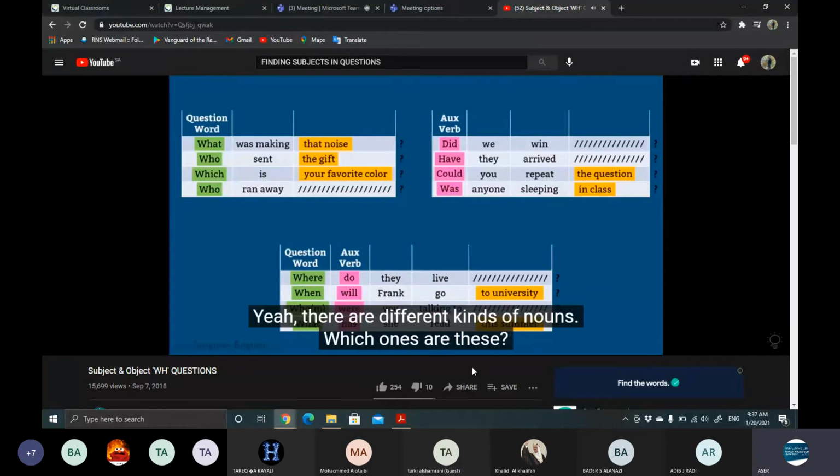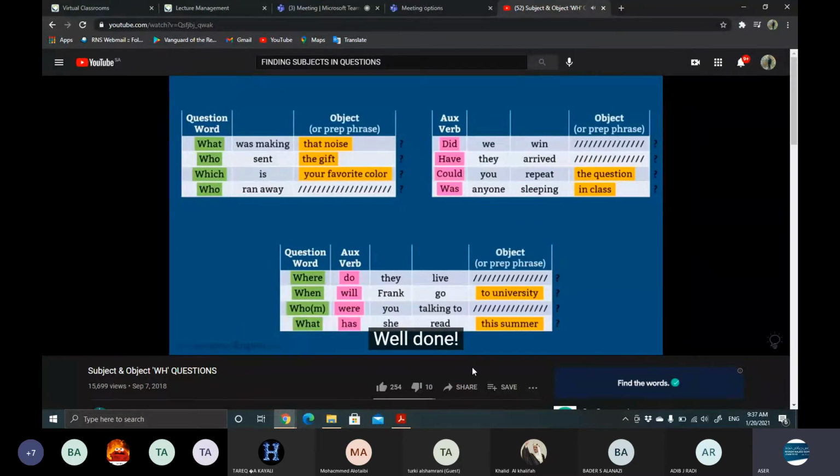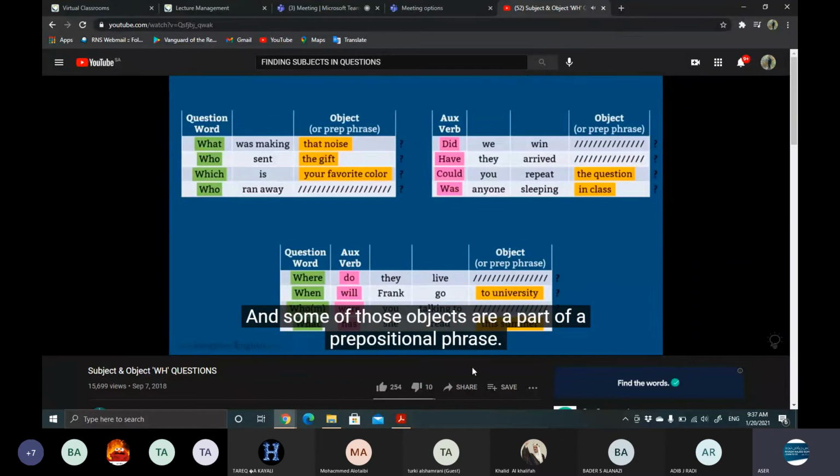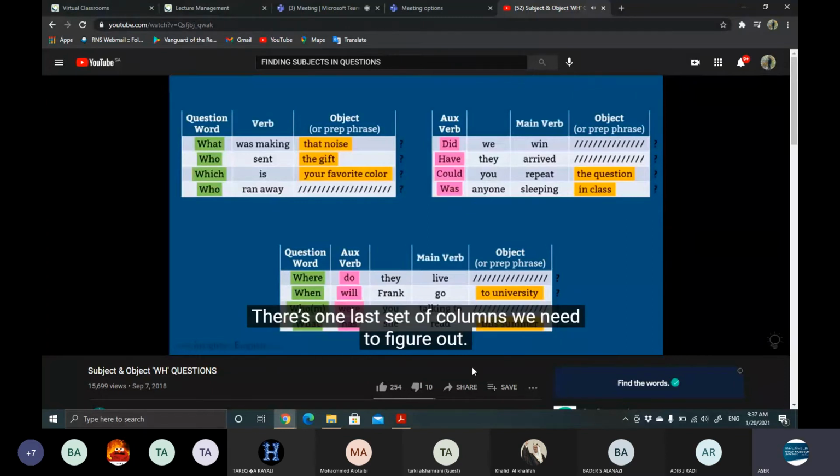Yeah, there are different kinds of nouns. Which ones are these? They come after the verb, so objects? Well done. And some of those objects are part of a prepositional phrase. You mentioned verbs. Where are those? In the second to last column of each group. Cool. There's one last set of columns we need to figure out. Those are nouns. What kind? Well, they're the nouns doing the verb, I think. So, subjects? Nice job.